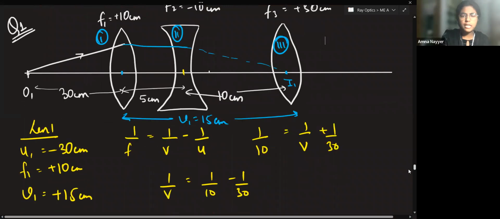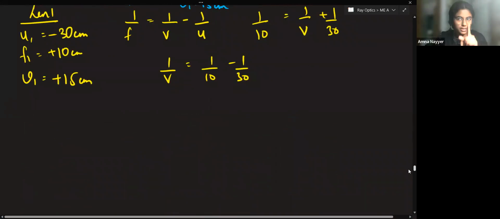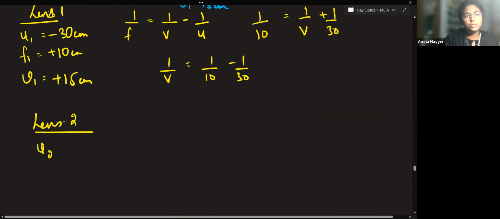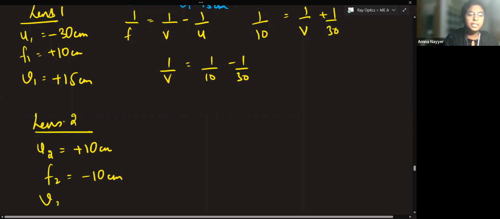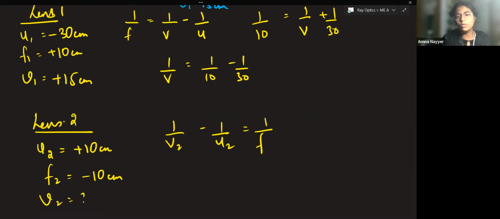So good, Samira, this will be not minus, but plus 10 centimeters. Now object distance U2 will be plus 10 centimeters. Focus is given as minus 10 centimeters. V2 we have to calculate. So 1 by V2 minus 1 by U2 will be equal to 1 by F2.